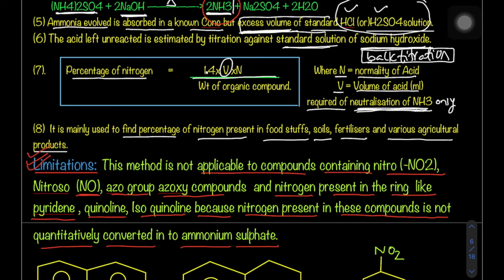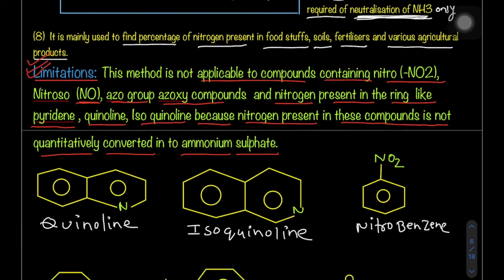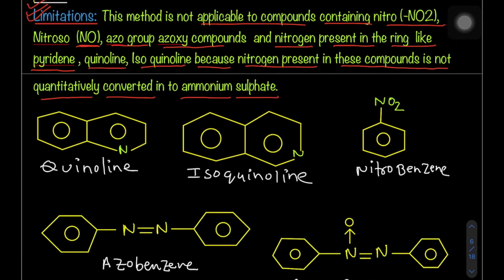So this is a very, very important objective question. In previous papers, these questions are also given: which of the following compounds is used, or not used, for the Kjeldahl method. So I am giving some compounds here. Please see the structures. Quinoline structure. This is the isoquinoline structure. These are ring structures.